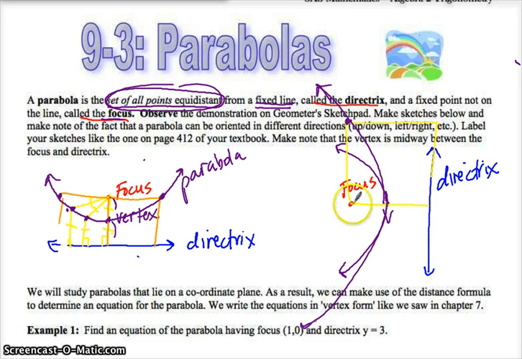Remember, this distance has to be the same as this distance: from focus to directrix as focus to point on there, so point to directrix as point to focus. So these 3 points, in my opinion, are going to be the easiest ones to graph and the easiest ones to find.